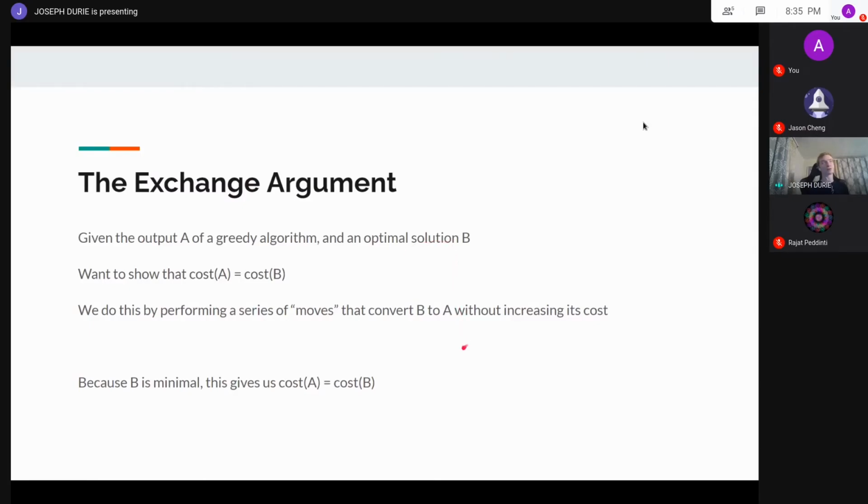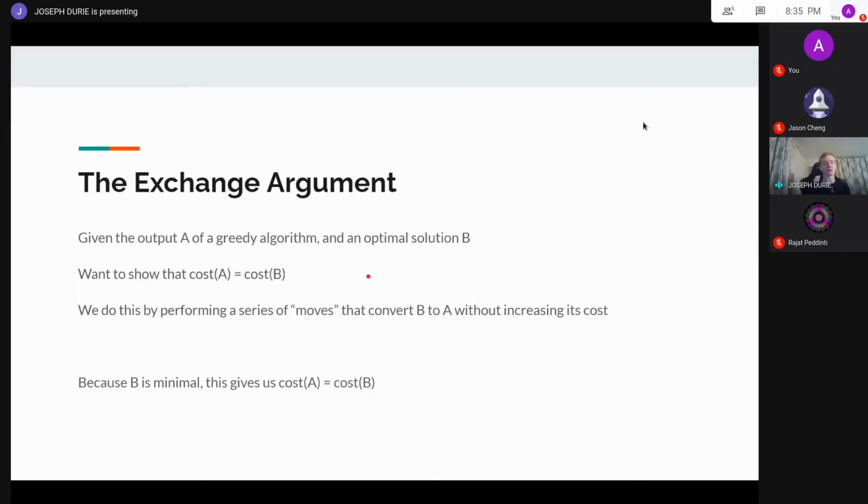So by converting B to A without increasing its cost, we can show that the cost of A is, well, in this example we want the minimum cost. So by converting B to A without increasing its cost, we show that cost A is less than or equal to cost B. But B is optimal, so that gives you the minimum cost.